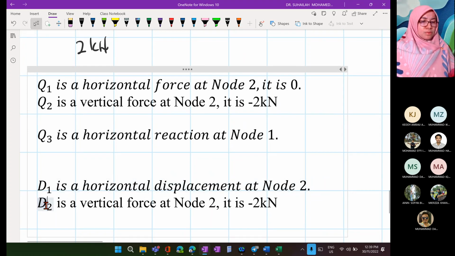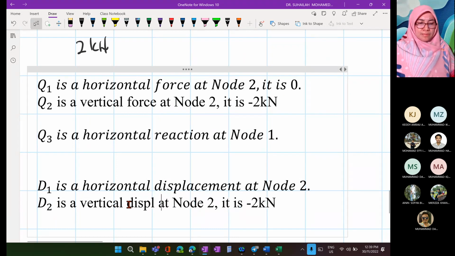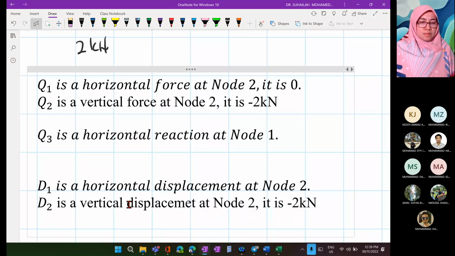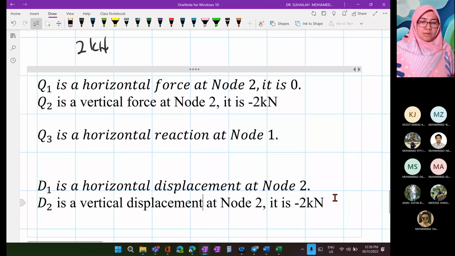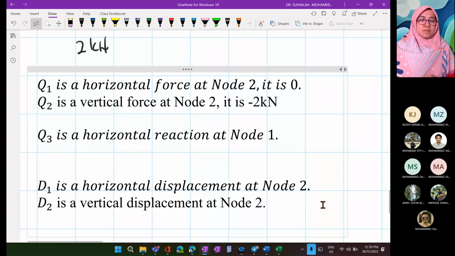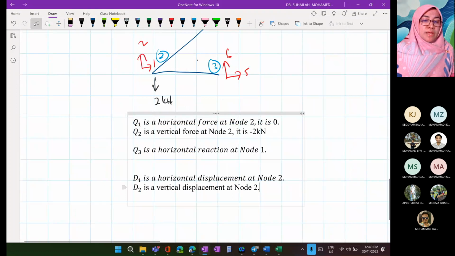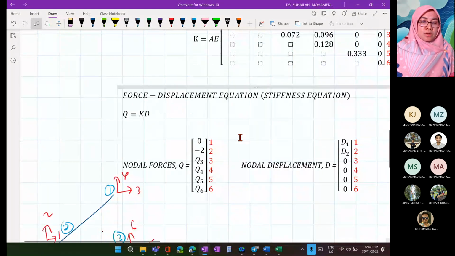D2 is a vertical displacement at node number 2. And D3, D4, D5, D6 equal 0 because they are located at support. Okay, so we have this.